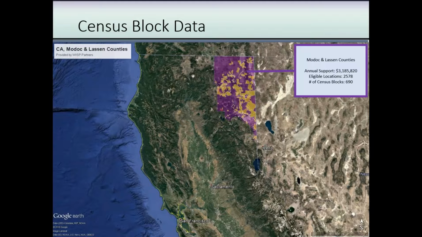One more, thank you. So now we can develop polygons around areas of interest and extract all of the underlying metadata quickly. We find that in these two northeastern counties, Modoc and Lassen, if I pronounce those correctly, I don't know those markets, we have annual support of $3 million, eligible locations of about 2,500, covering 690 census blocks.